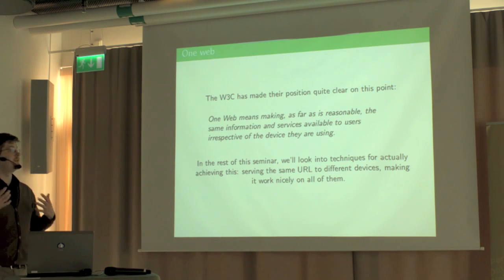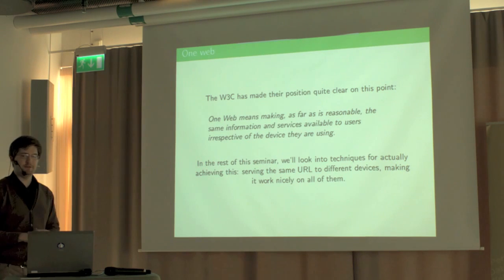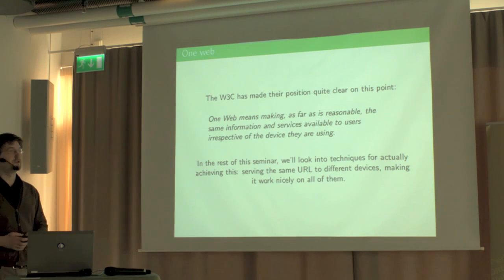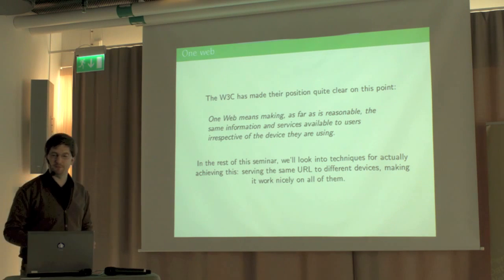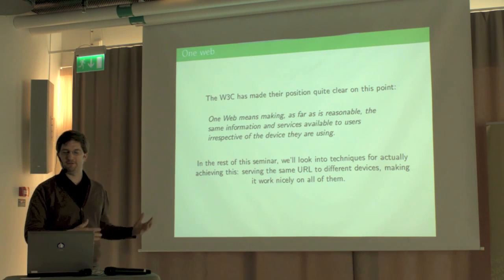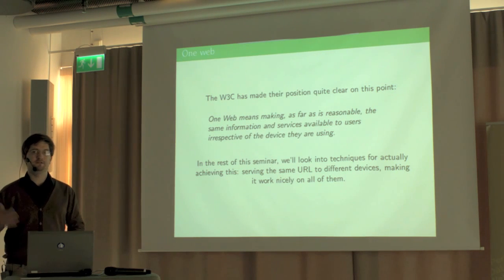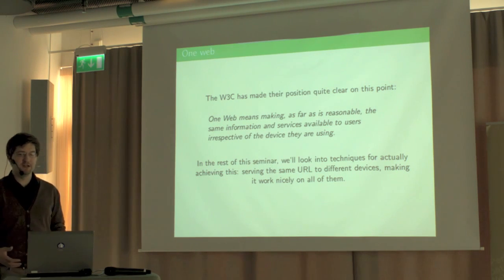Just to make their own stance clear on this, the W3C has basically taken a stance on this, coining a term called OneWeb. OneWeb means making as far as reasonable the same information and services available to users irrespective of the device they're using. So the idea is you still go to one single web page and it's all there.